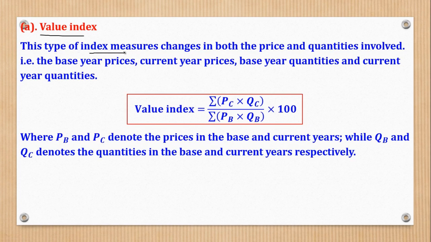This is the type of index which measures the changes in both the prices and quantities involved. So the base year prices, current year prices, base year quantities, and current year quantities are all involved in this formula. As you can see here, PC denotes price in the current year, QC denotes quantity in the current year, PB denotes price in the base year, and QB denotes quantity in the base year. And all will be given in the question.